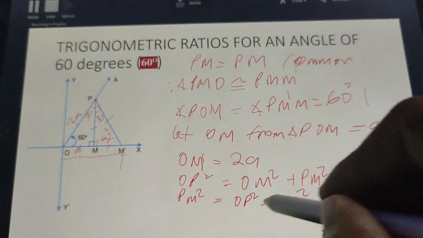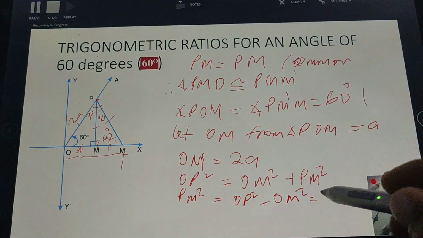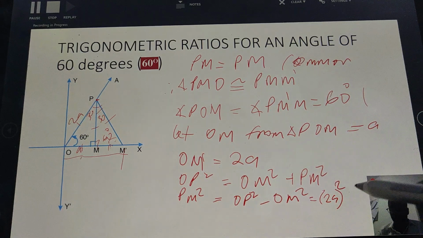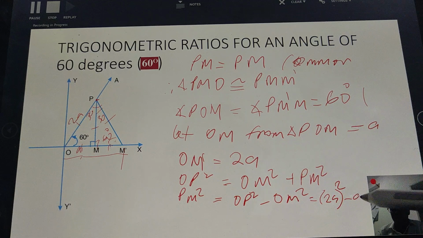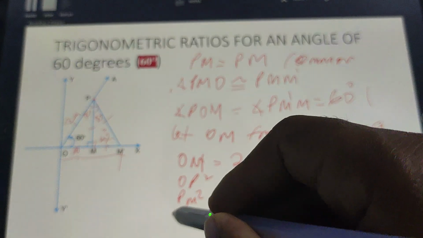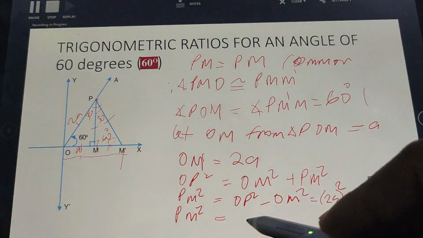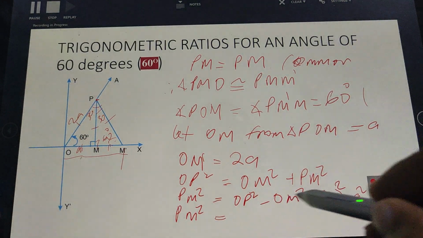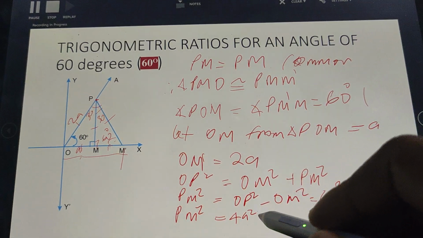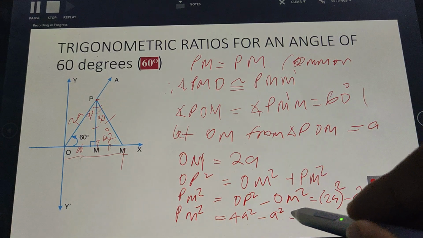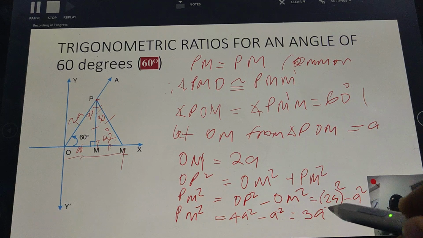So this will be equal to OP squared, which is 2A squared, minus OM, which is just A squared. So PM squared will be equal to this. If you expand that, it will be 4A squared minus A squared. These are like terms. 4A squared minus A squared will be equal to 3A squared.